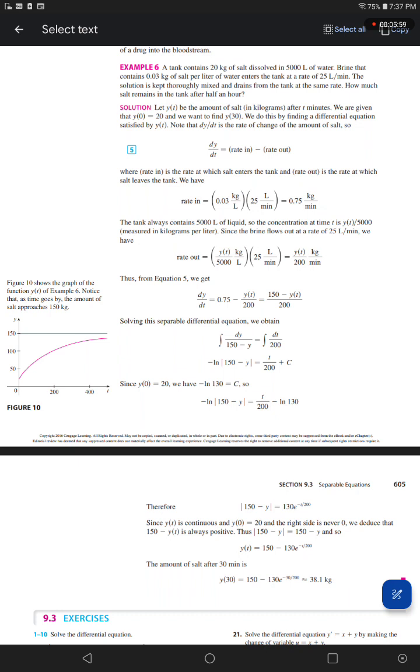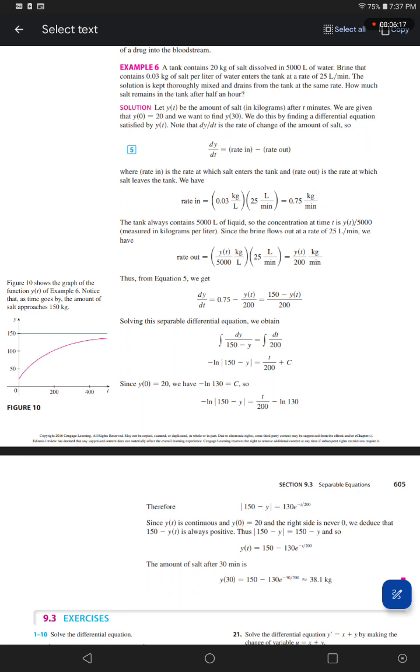The amount of salt after 30 minutes is y of 30 equals 150 minus 130 e to the power negative 30 over 200, approximately 38.1 kilograms.